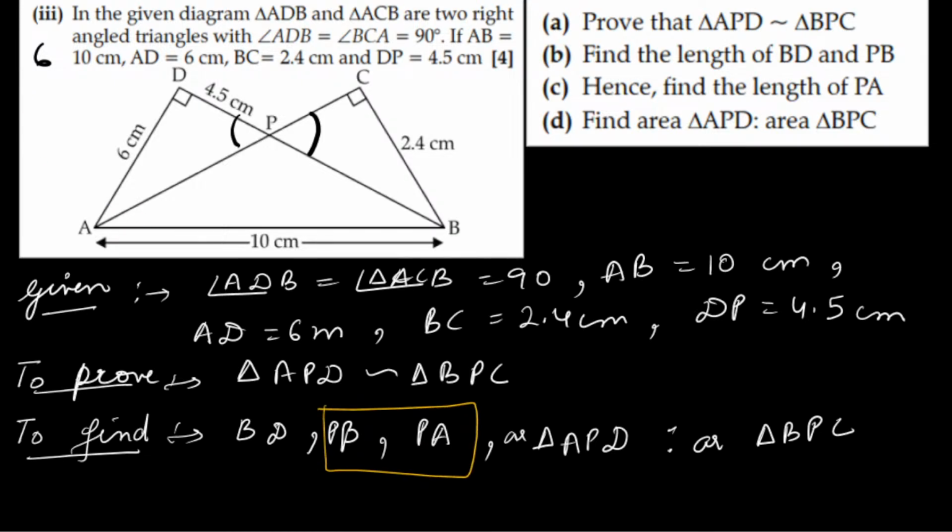And BD is actually BP plus DP. So once we find BP, we can add it with DP and we will get this full line, which is equal to BD. So like this, from the given figure you have to make out.